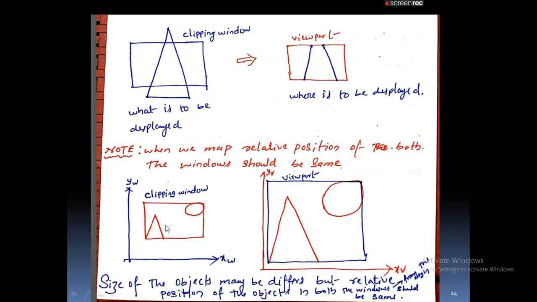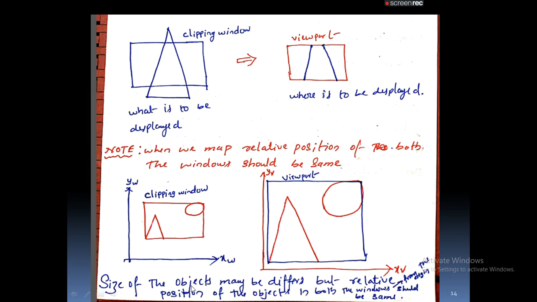When I project this triangle and circle on the screen with the help of the viewport, the size is increased. This means that when we translate the content of the clipping window to the screen coordinates, the size of the object may differ. I have written clearly here, the size of the object may differ. Differ means it can be either increased or decreased.